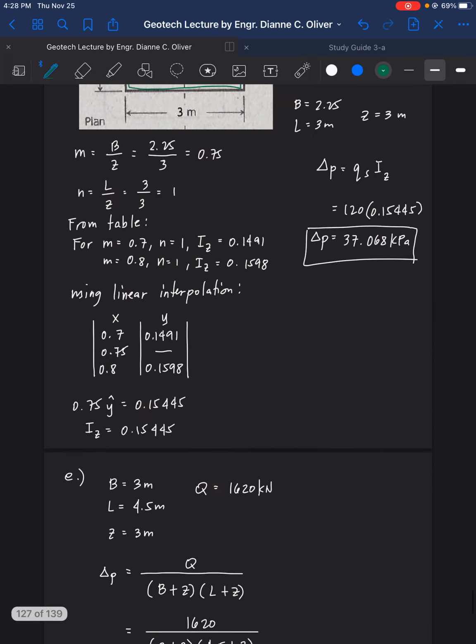Again, we just have to repeat the same process. So this is H. Let's move here. And then this is the point B.